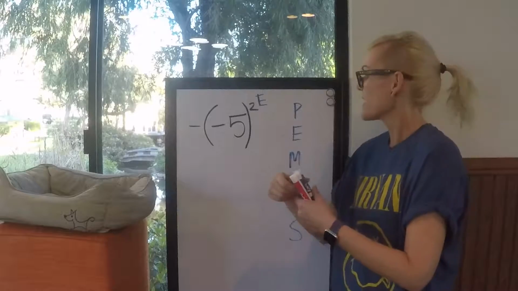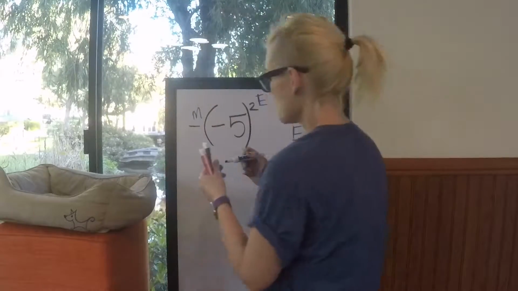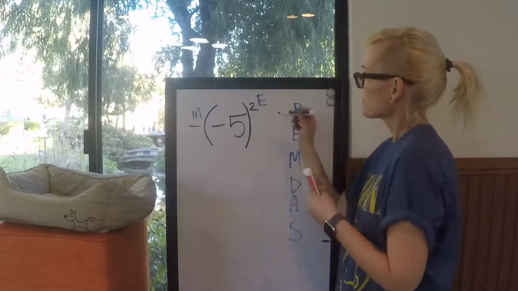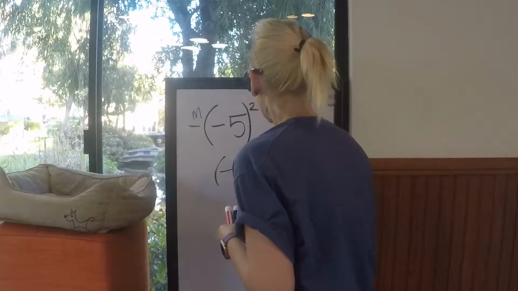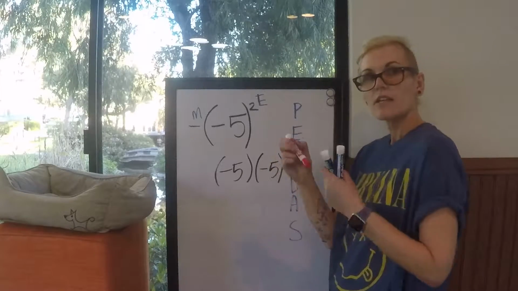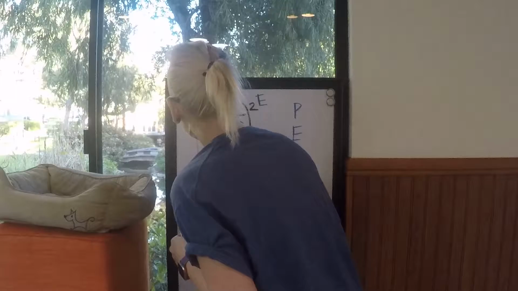And again, that negative on the outside means multiply. Okay? Following my PEMDAS rules, that means I have to do my exponent first. So negative 5 times negative 5. Okay, this negative on the outside that's being multiplied gets brought down.